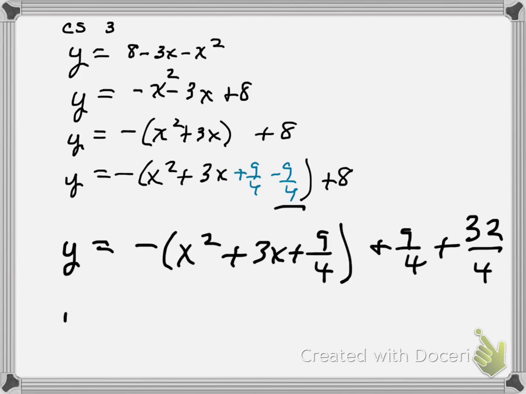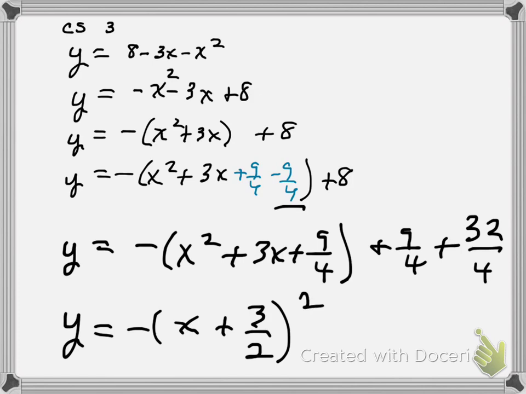Alright, so now I'm ready to factor. And once again, you could use a box to factor this, but you'll end up with x plus whatever half of this is, which is 3/2, squared. And now if I add these two together, I get 32 plus 9, which, whoops, you know what, I messed a sign up here, I just noticed.